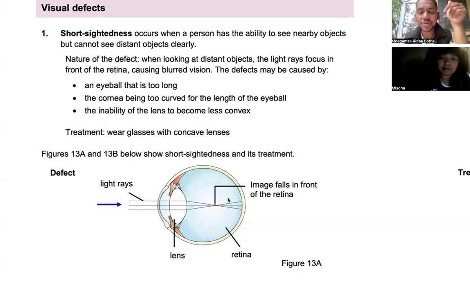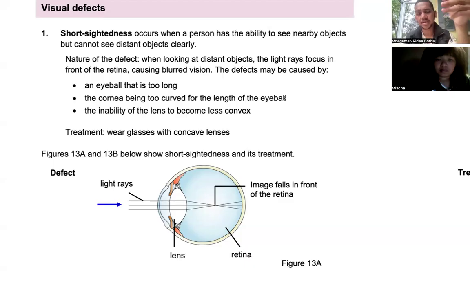Number two, the cornea is too curved for the length of the eyeball, so light forms before the retina. Number three, the inability of the lens to become less convex.